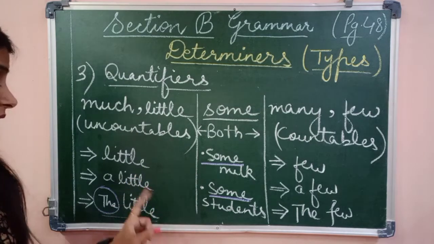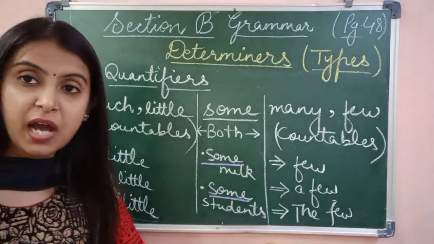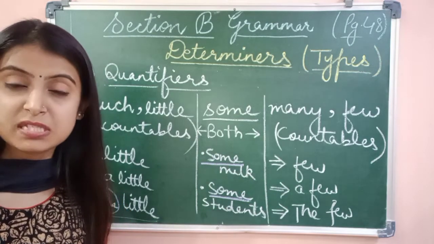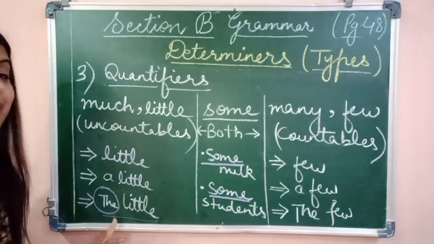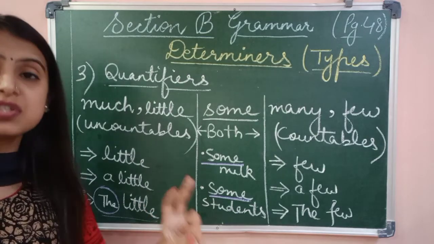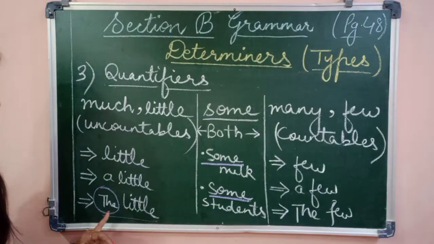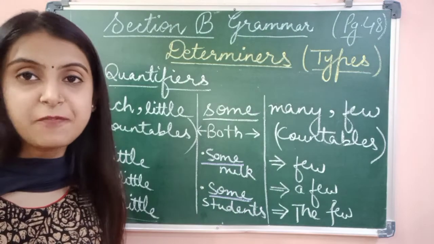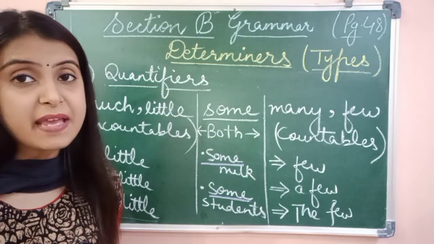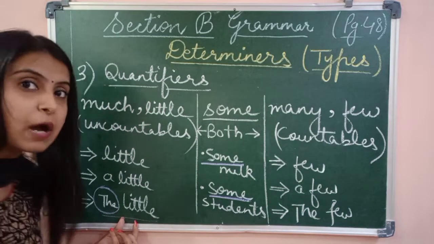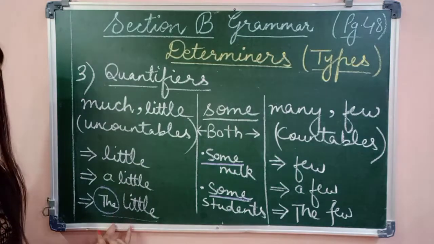Now if I say the little water in the jug is not enough to quench my thirst, it means I am specifying the water in the jug by using the little water. So whenever we have to specify any uncountable noun, we use the little.